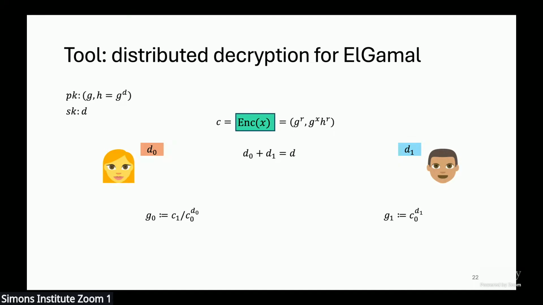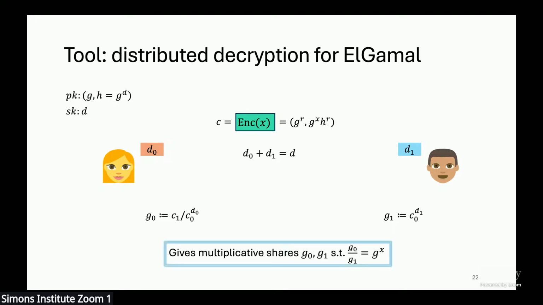Okay, so what I'm going to do is, let's say Alice will compute this value g0, which is the first element c1 in the ciphertext divided by c0 to the power of her share d0. Then Bob will compute c0 to the power of his share d1.